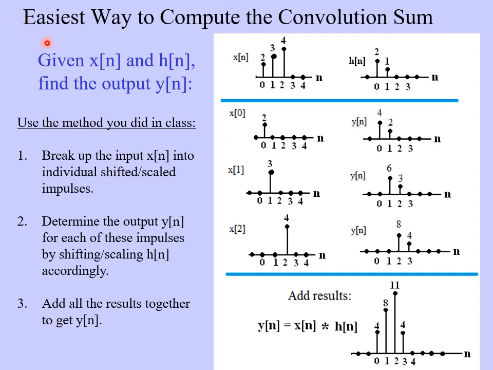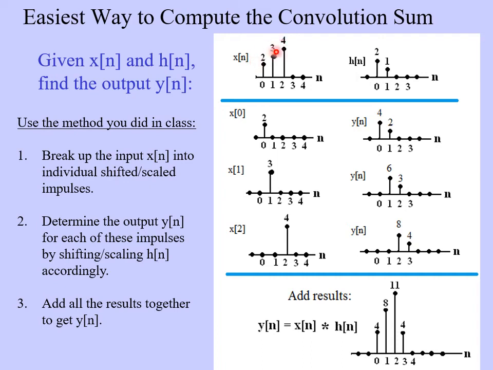We did this example already, so I'm not going to go into it in great detail again, but say you're given an input sequence x of n, and the impulse response h of n, shown here. Your goal is to find the output of the system for this input.